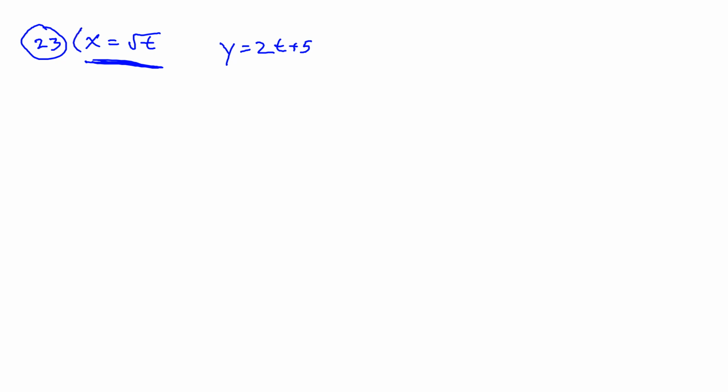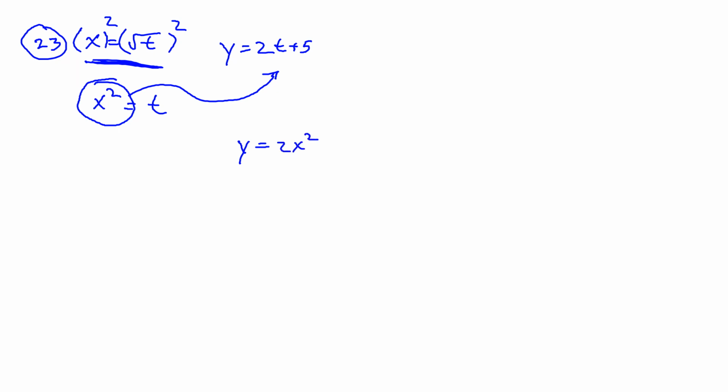So if we square both sides, the left side is going to become x squared, and the right side would just become t. So now that we know what t is equal to, we're going to take this value and put it back into the other equation. So basically we have y equals 2 times x squared plus 5, and that's our rectangular form.